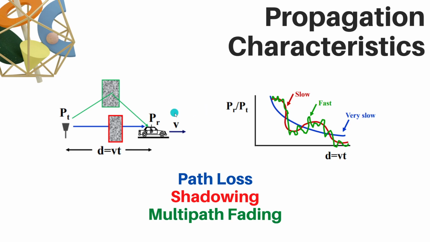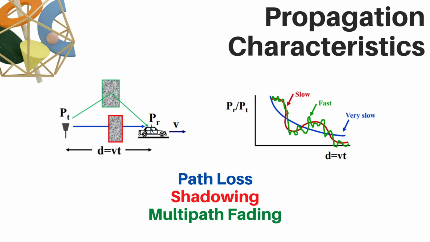As the distance increases, the power that the receiver gets decreases exponentially, and this is represented by the blue line right here. From there, this red block represents an object that creates a non-line of sight scenario, which I will explain later.